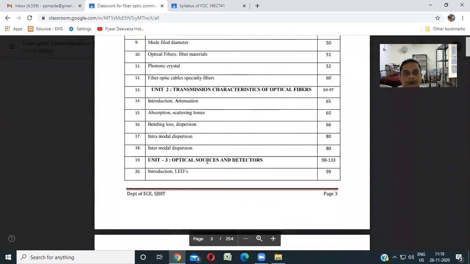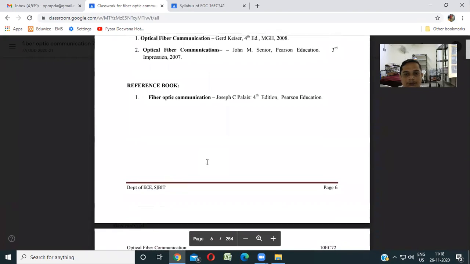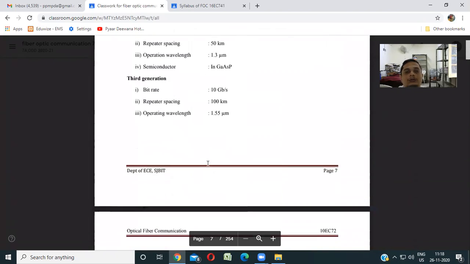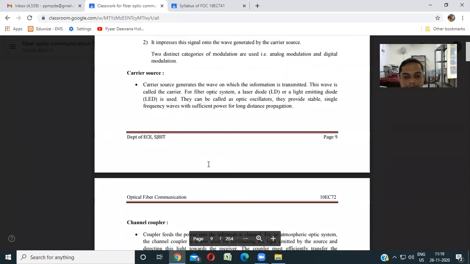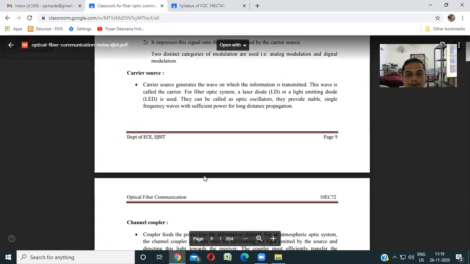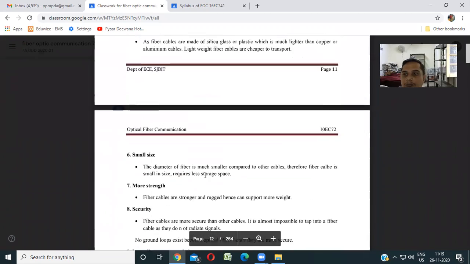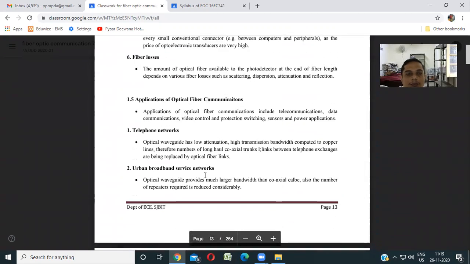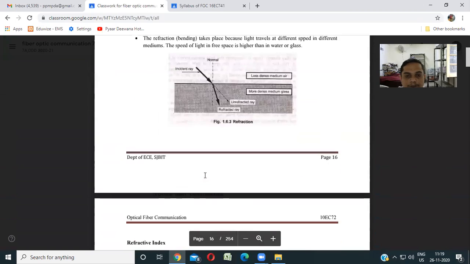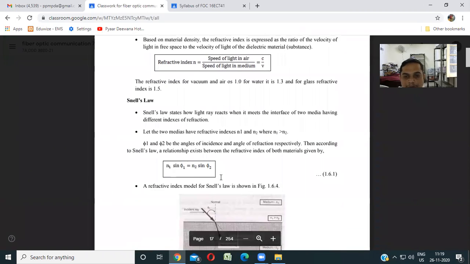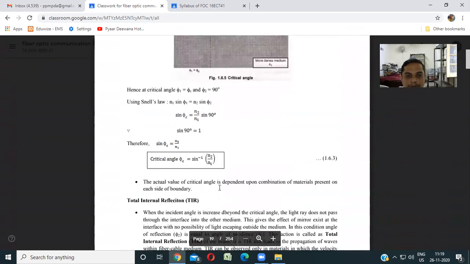So what is optical receiver? The light which is traveling through the fiber, at the receiver we have to recover. We have to convert the photons which are propagating through the fiber into the proportional electrical form.